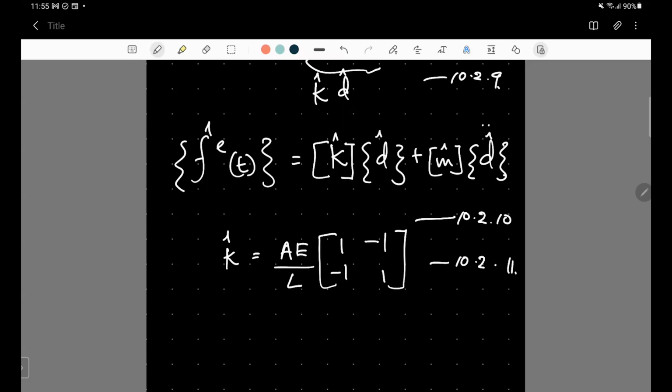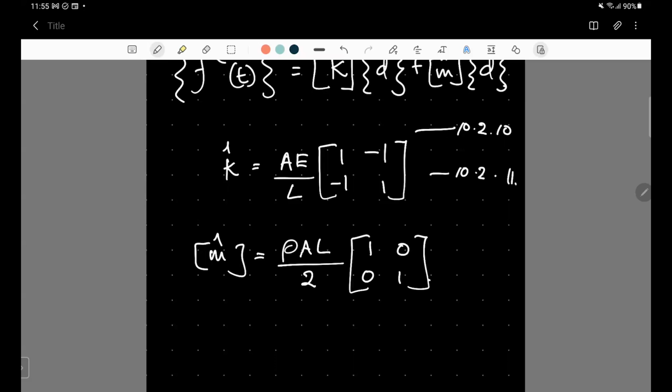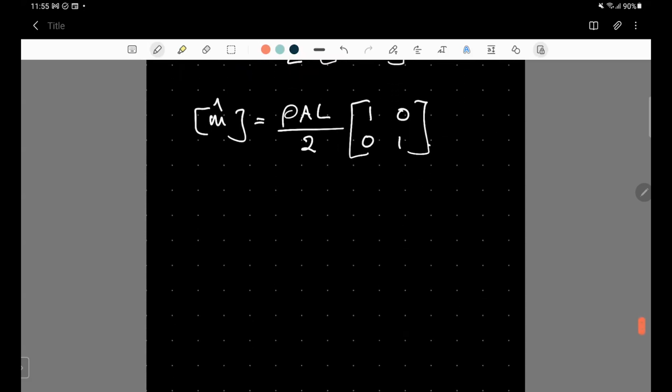And for this bar element, we can write the mass matrix as follows. We know rho is the mass density, and A times L gives the volume, so the total mass is equally distributed among the two nodes. This is called the lumped mass matrix.